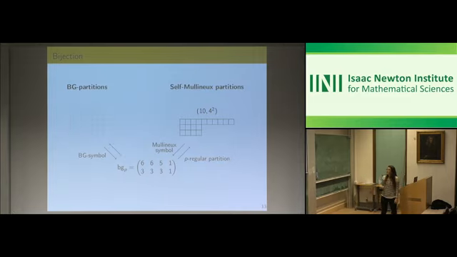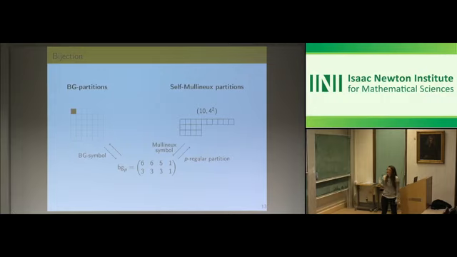How? If I take a BG symbol, I can reconstruct a BG partition by doing the same thing over the diagonal and under the diagonal. Let's see how.